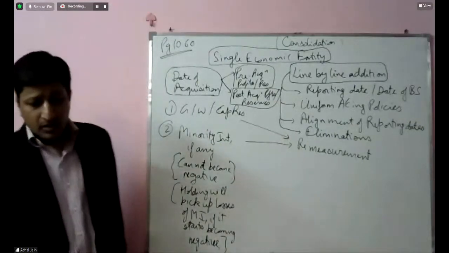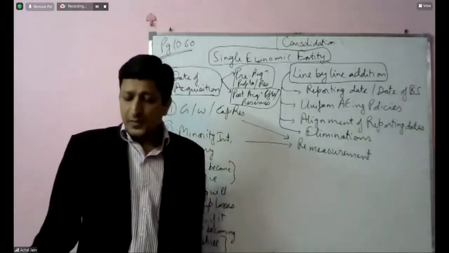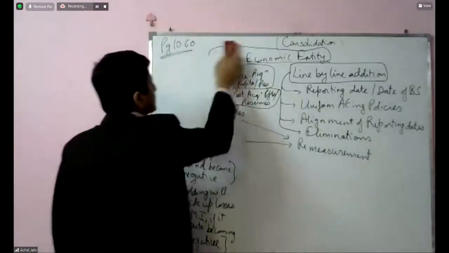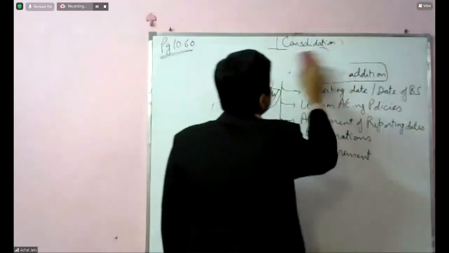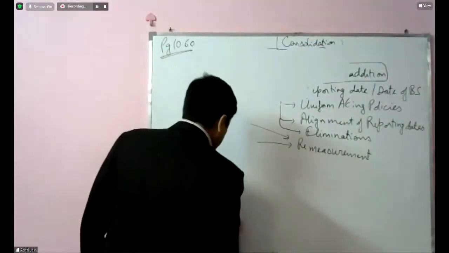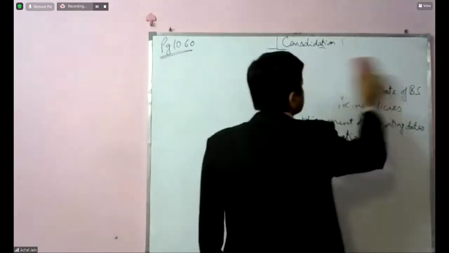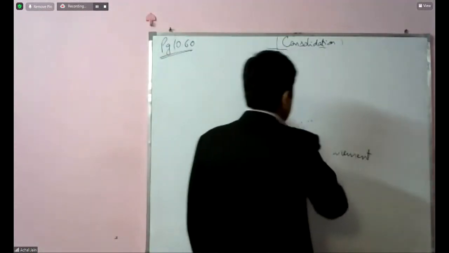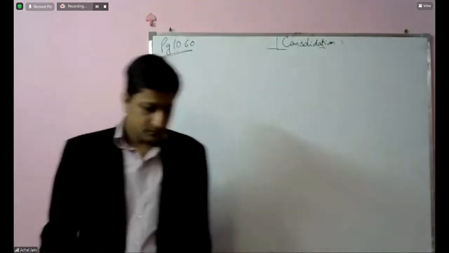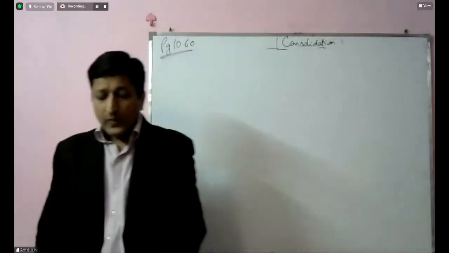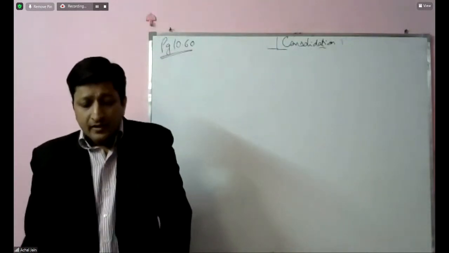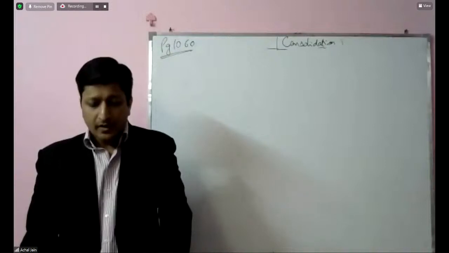Now I'll move on to the last principle, a very small concept that we are left with. This is about treatment of a subsidiary company which is having preferential capital.